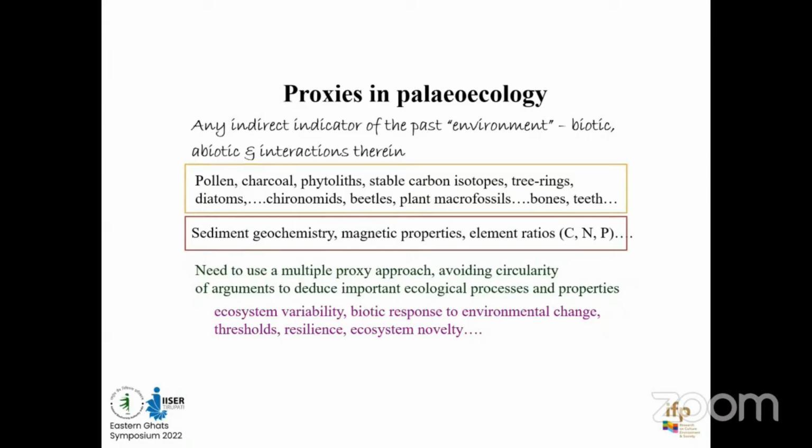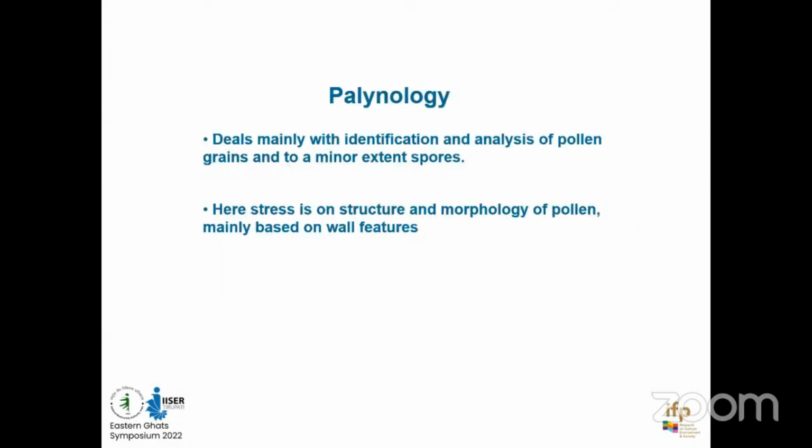Then we can look at taxa which have been present through a long time, giving this very long baseline, which can be very useful when you go around to actually defining sustainability.